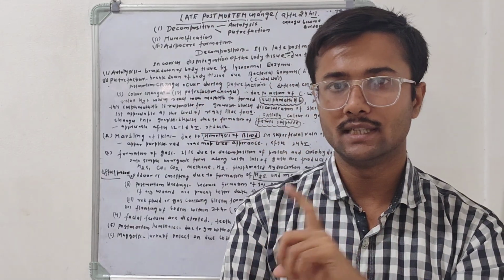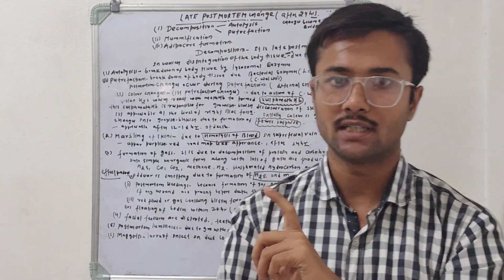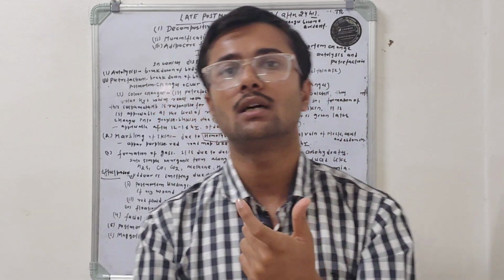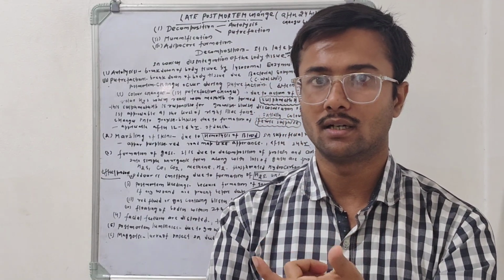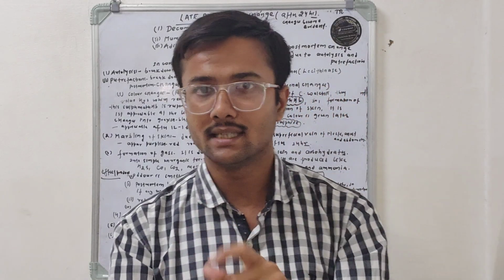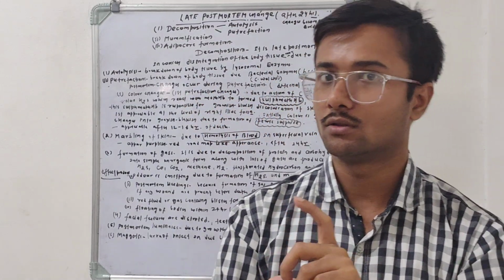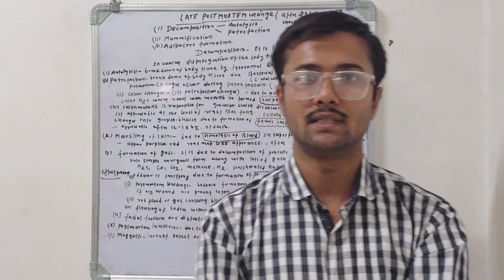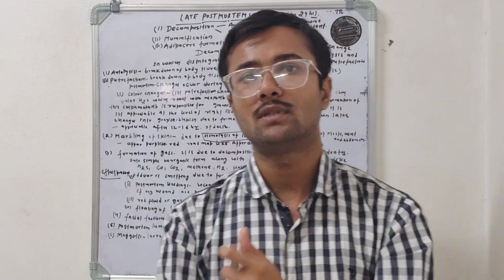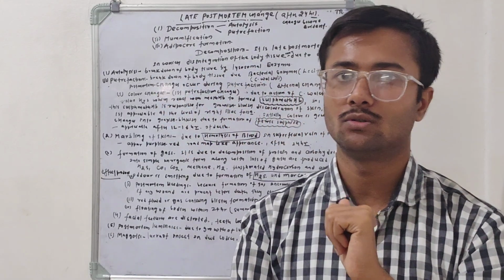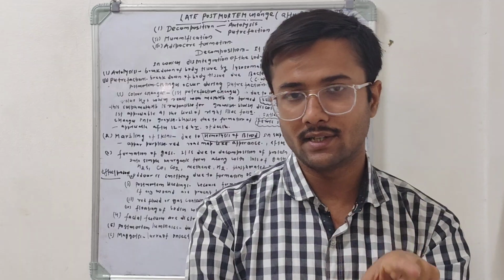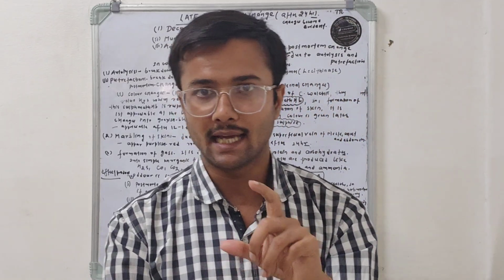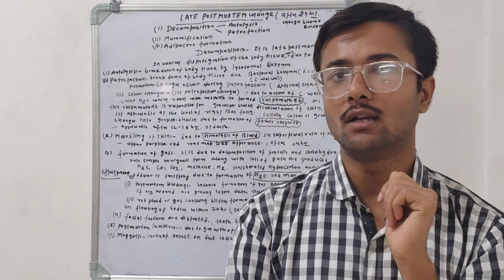So what is the meaning of autolysis and putrefaction? Autolysis means the disintegration of the body tissue occurs by autolytic, or the body's own enzymes. These enzymes are present inside the lysosome. After death, there is disintegration of the cell membranes and the membranes of the cell organelles.